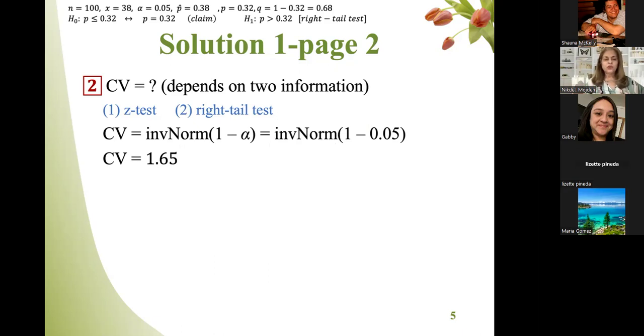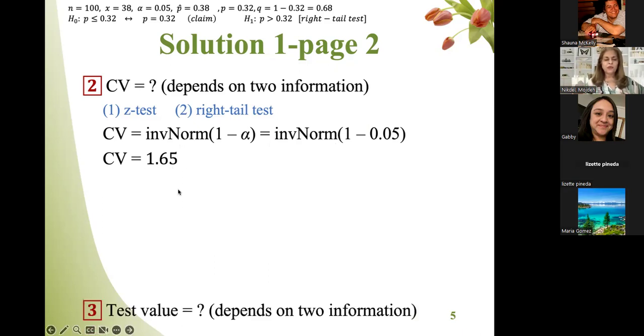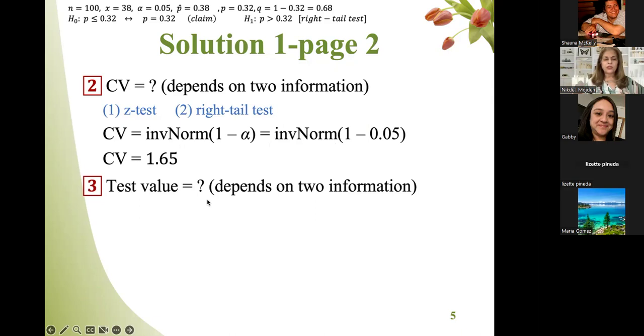Now we're going to find the test value. Your test value depends on what is your parameter and what is the statistical test. Z-test, your parameter is proportion. So the formula starts with the name of the test, z-test.